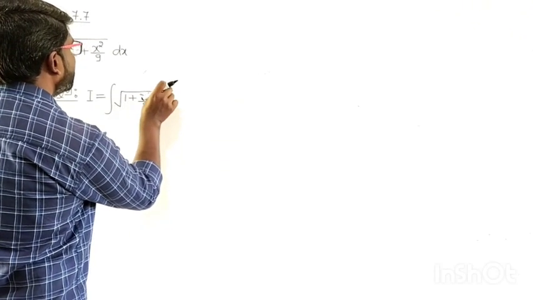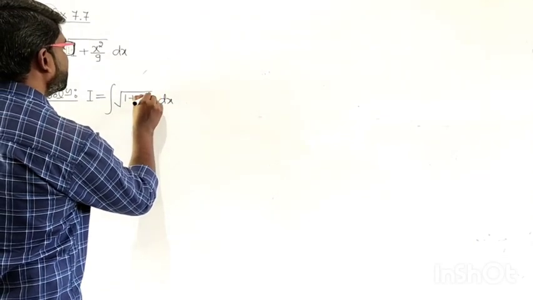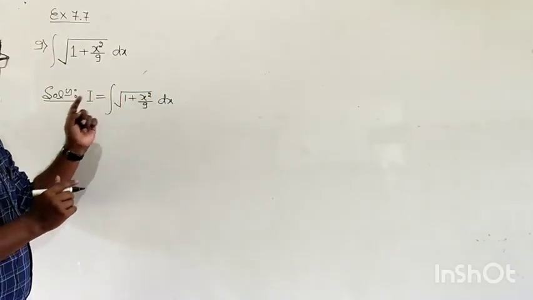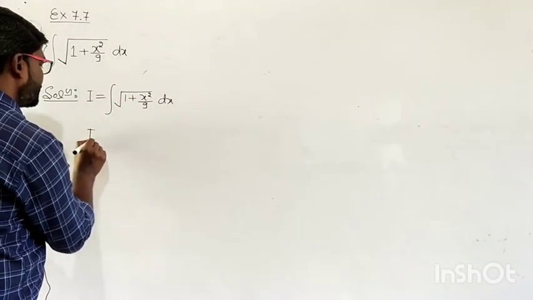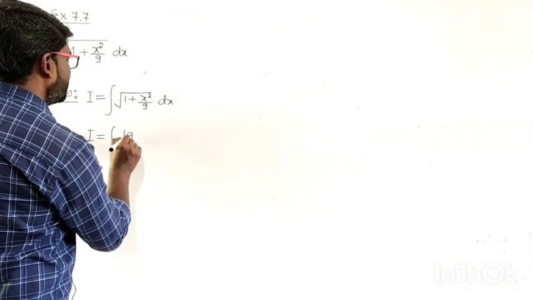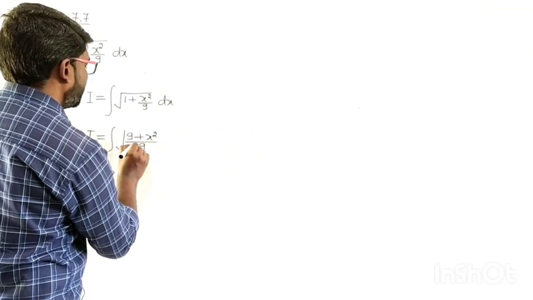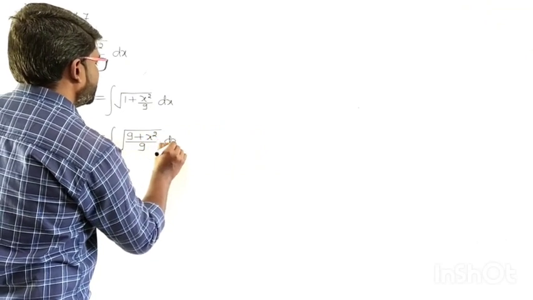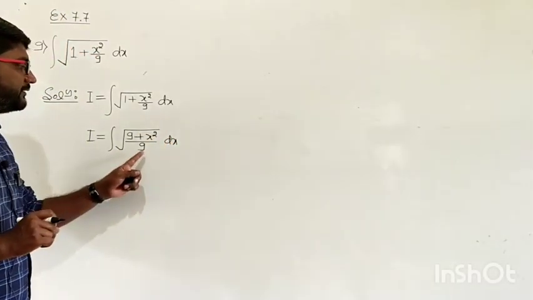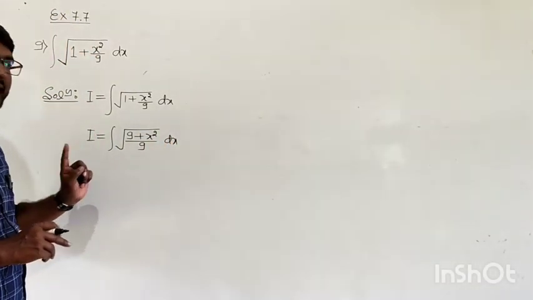So now here we take up the LCM. 9 will be multiplied with 1. I is equal to square root of 9 plus x square divided by 9, dx. Now if you take 9, that is 1 by 9, outside the square root it becomes 1 by 3.